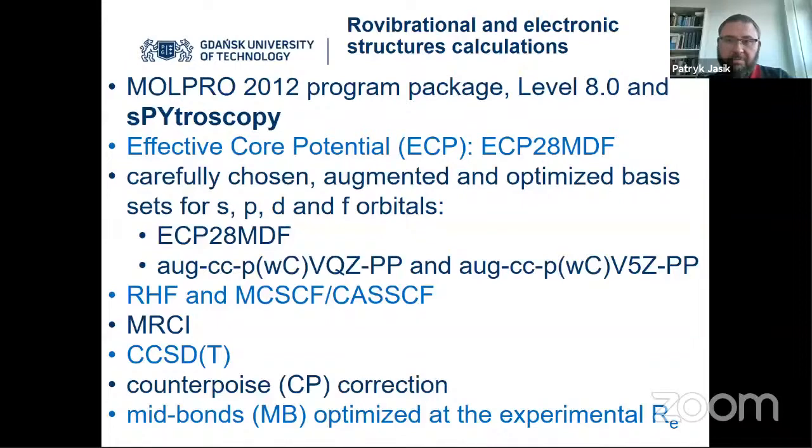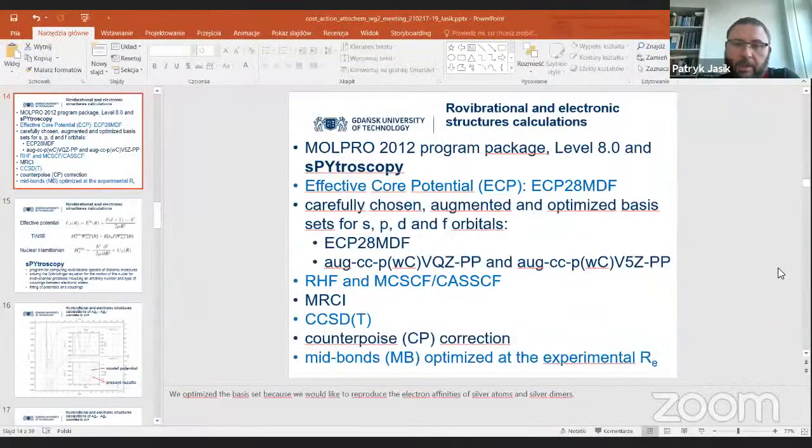It was in our opinion very important. But yes, I think we added enough diffuse functions to our basis set and optimized this basis set carefully. It allows us to calculate a really good electron affinity.